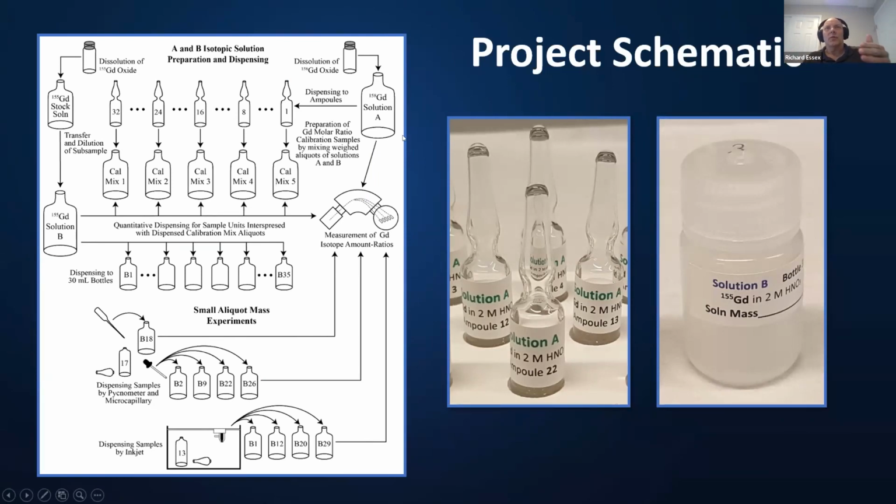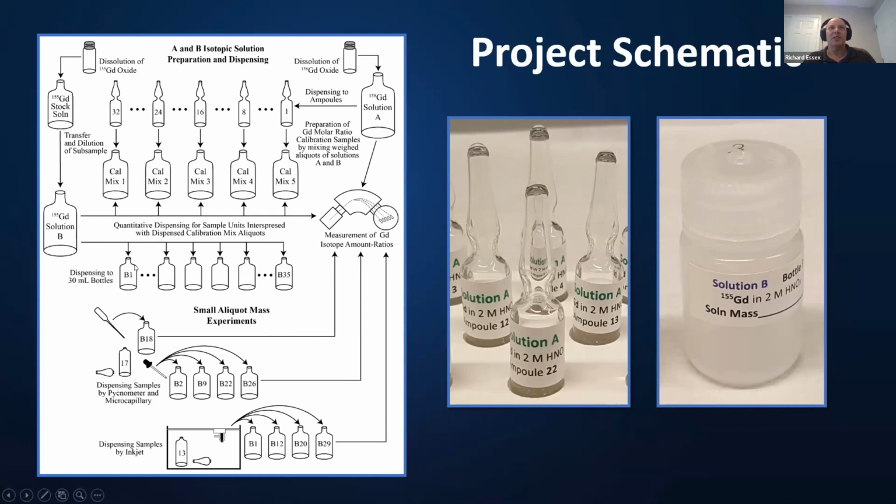For the samples, we ampulated this because we wanted a fixed concentration of that solution when we're using it. For the spike samples, we gravimetrically split these up, very carefully measured out a gram of solution into a bunch of sample containers. So we knew essentially the mass of our spike ahead of time.